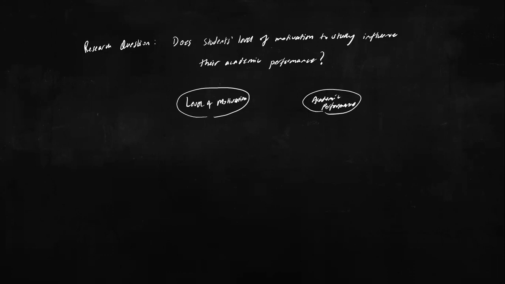Theoretically, we expect level of motivation to impact academic performance, but we just want to see whether they are correlated with each other. And based on our theoretical argument, we can then say that it's level of motivation which influences academic performance.